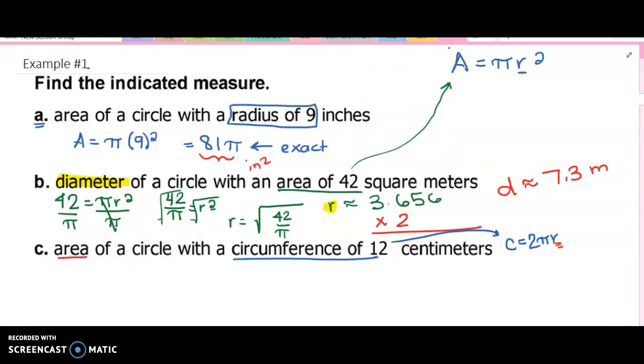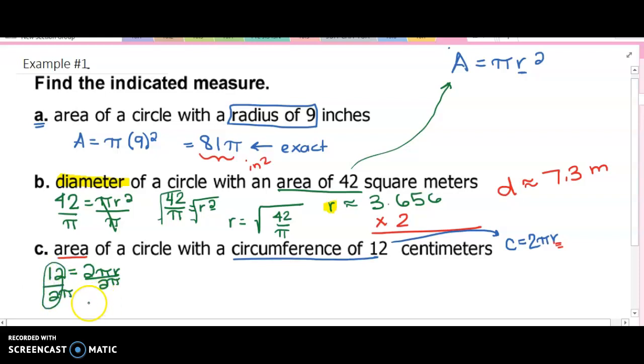There's a couple extra steps here, but it's all stuff we've done. They're doable steps. So first, the circumference is 12, so I know that 12 has to equal 2 pi r. To get r by itself, I divide by 2 pi on both sides. This 12 over 2 becomes 6. So 6 over pi equals my r.